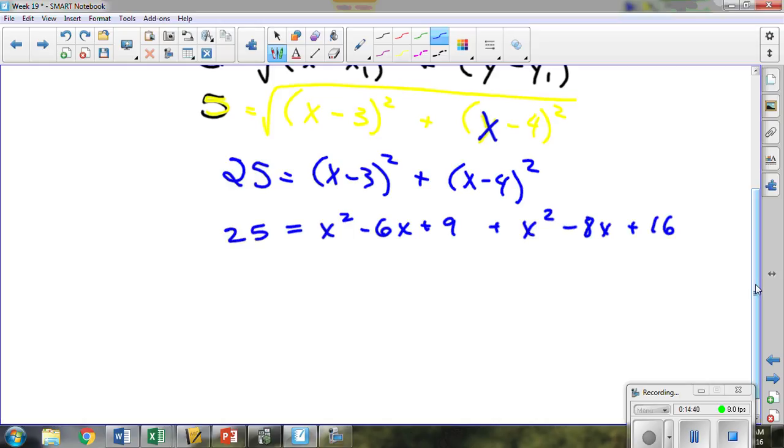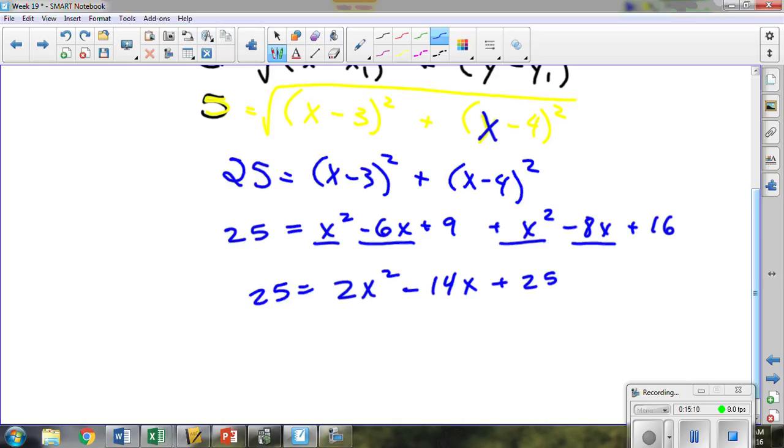And we now have an equation we could solve. Let's start by combining our like terms. X squared plus x squared is 2x squared. Minus 6x minus 8x is negative 14x. 9 plus 16 is 25.